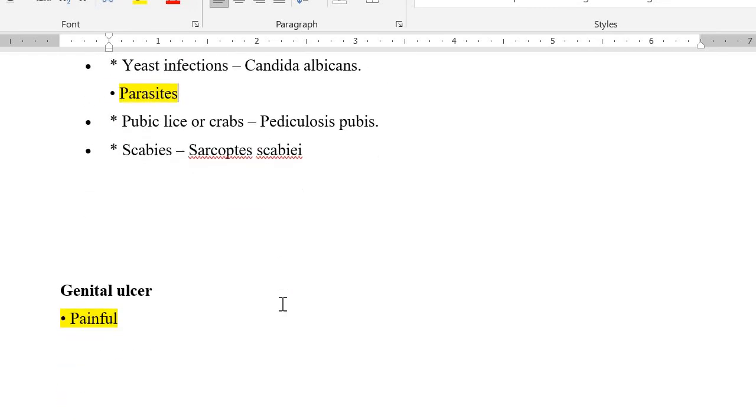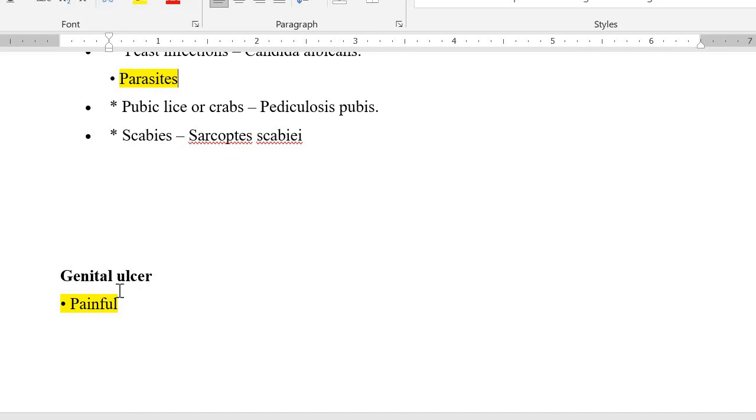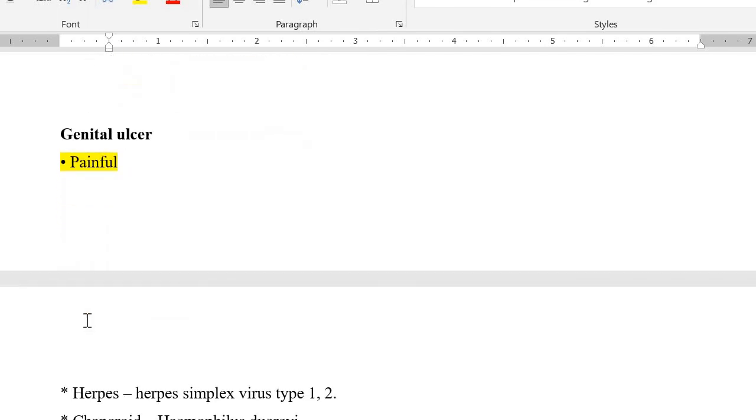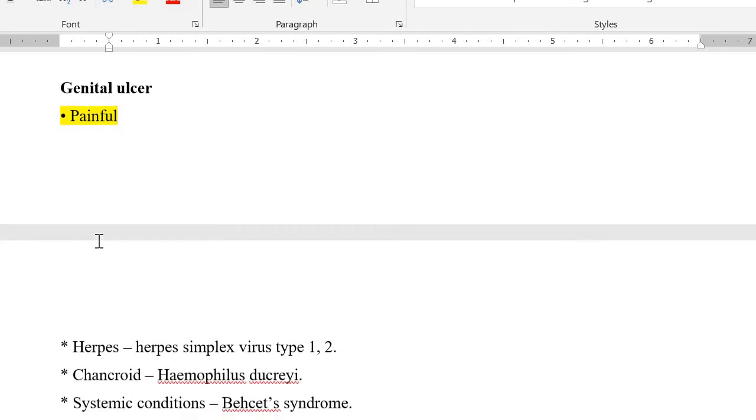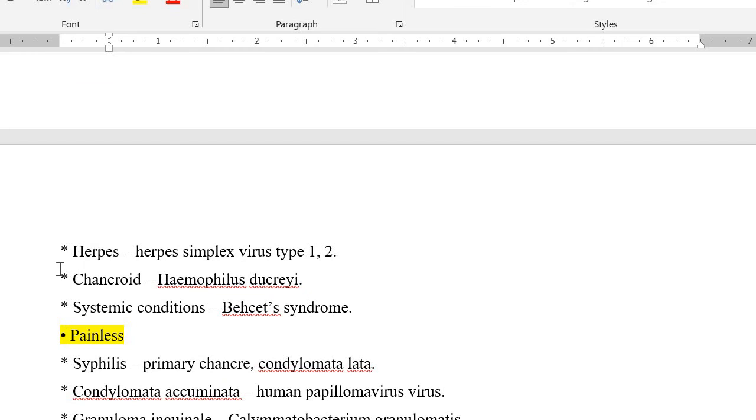That is the point. So genital ulcers, another favorite area. You can classify them in different ways, and the easiest is whether the ulcer is painful or painless. If the ulcer is painful, then you have to think about herpes, which can be due to type 1 or type 2, with burning pain.